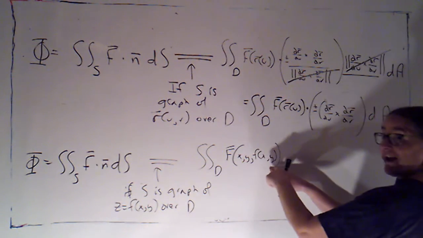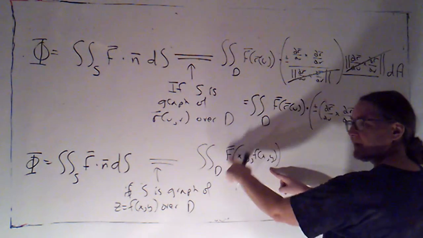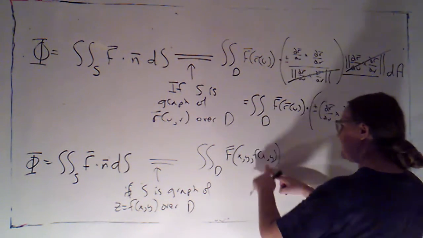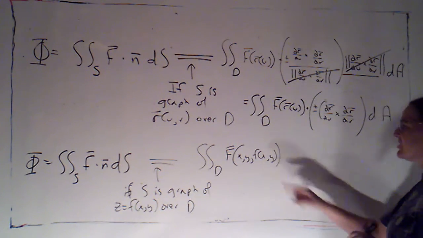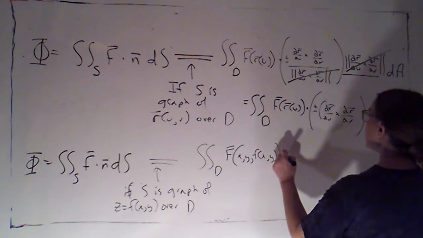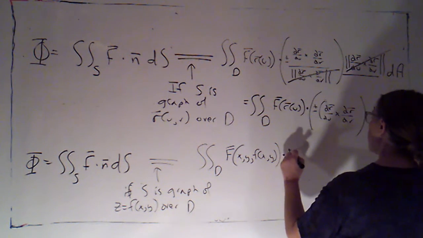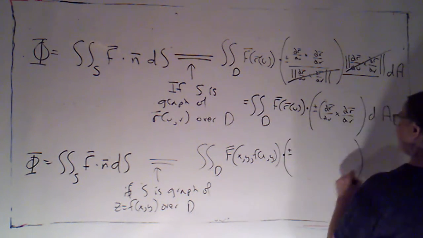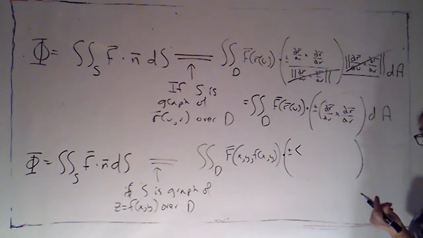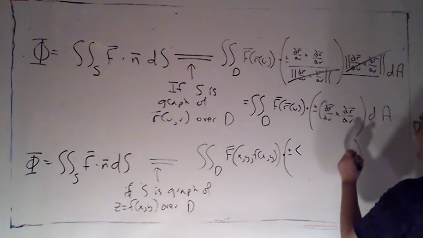f of x, y, okay, because originally my vector field is a function of x, y, and z, and I'd just be expressing z in terms of x and y, dotted with plus or minus what we determined was going to be our principal unit normal vector.